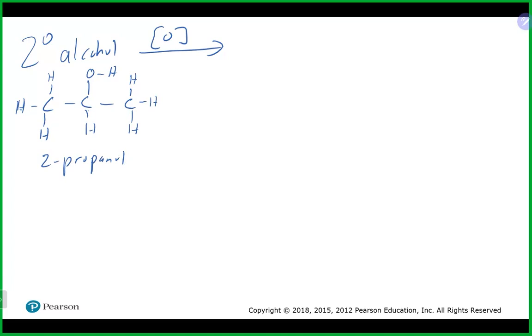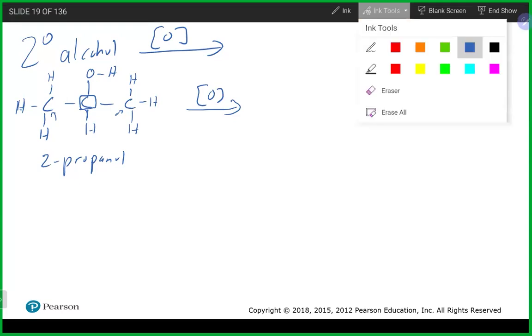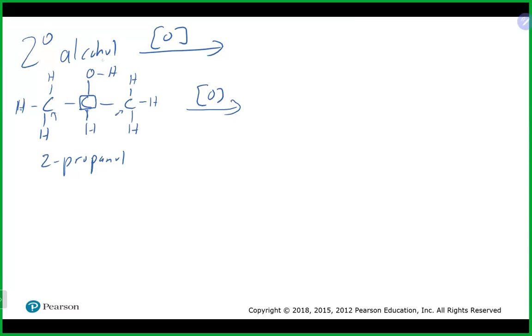That is a secondary alcohol because when we look at the carbon that has the OH group attached to it, it is attached to 2 carbons directly. And that makes it a secondary alcohol. So if we take the secondary alcohol and we go through an oxidation, surprisingly enough, it works the exact same way, which is we take a hydrogen off of the OH and we take a hydrogen off of the carbon that's attached to the OH here.